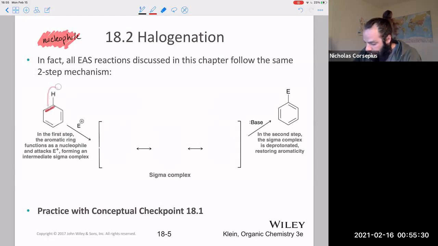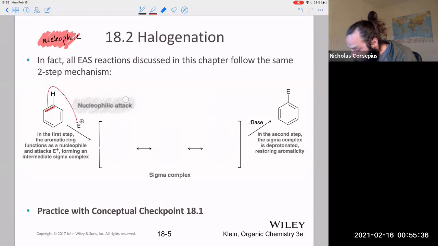So that's what's going to be reaching out and making contact with the electrophile in what we call a nucleophilic attack. Okay, and the identity of this electrophile will be different for each reaction, but this generic reaction scheme is the same, right? The ring is playing the role of the nucleophile, specifically one of the pi bonds in the ring, going to reach out and attack that electrophile.